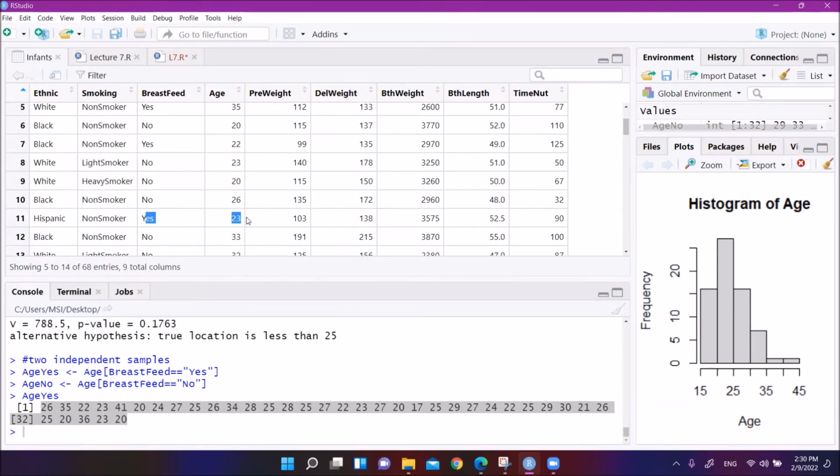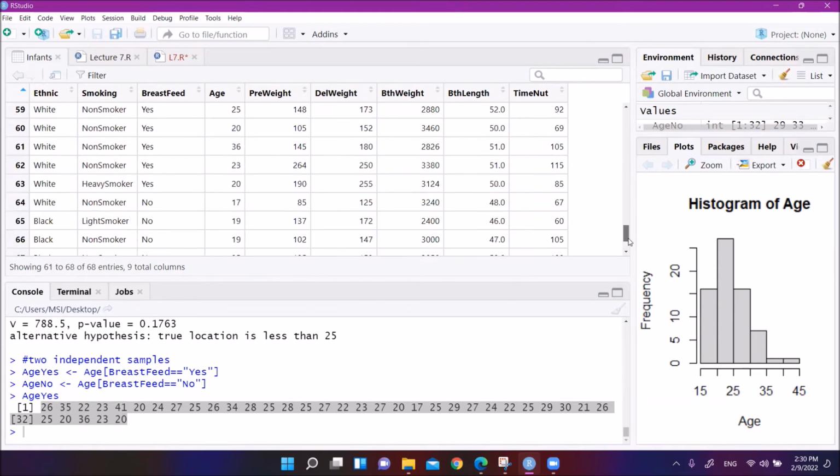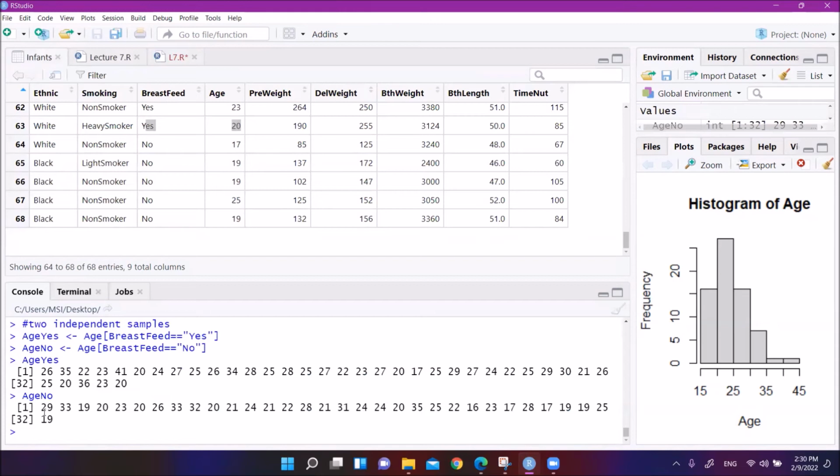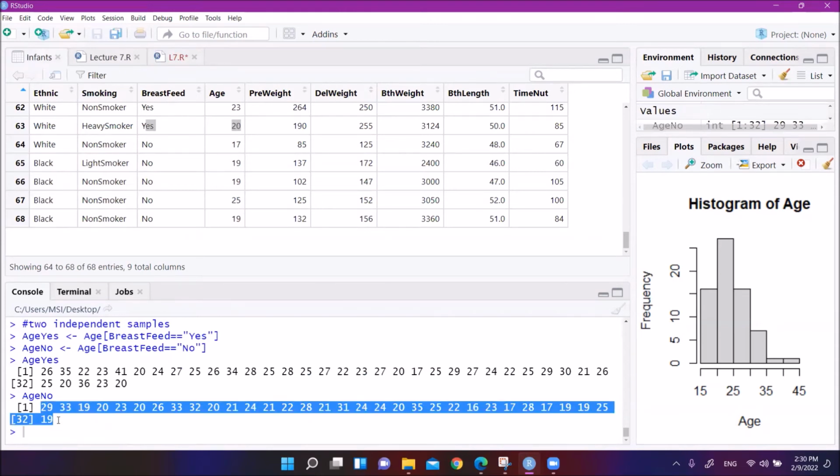Next one is 23. So likewise up to the end. End is 20. This one. So if I print this, I'm getting all the ages of the mothers whose infants are not breastfed.